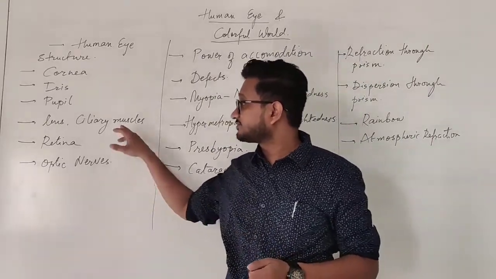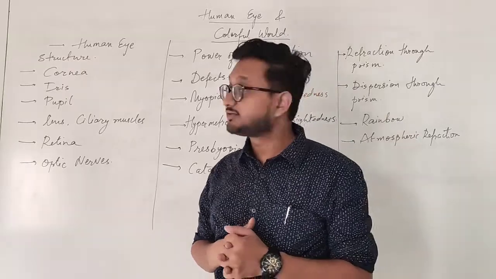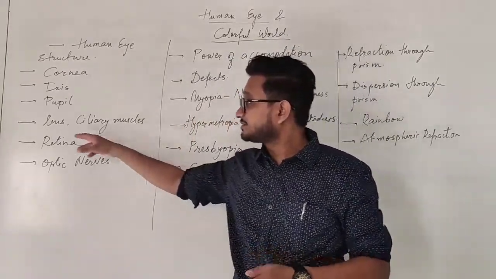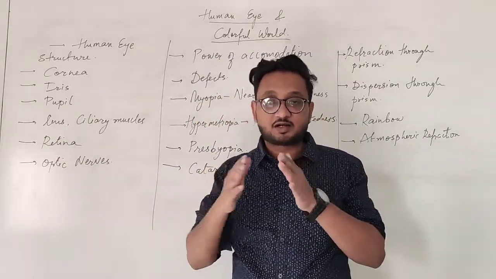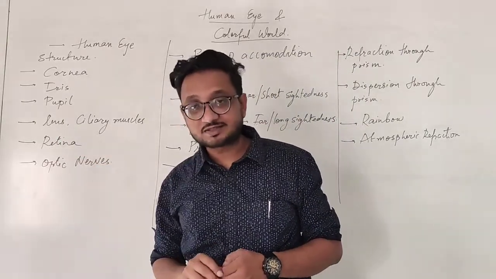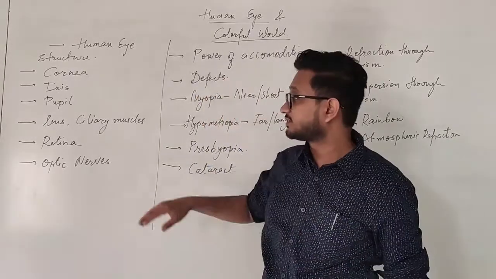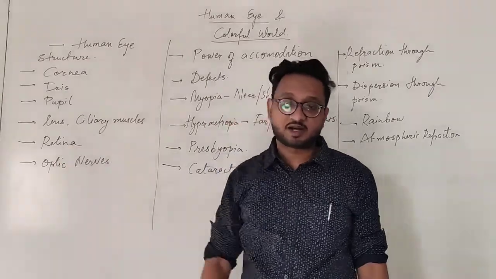Okay, and because of the ciliary muscles only, the size of the lens is controlled. We will be coming on to that point. Okay, and then the light after passing through the lens refracts on one point because it is a natural convex lens, and that is why it is going to converge the light, and the convergence of the light is happening at one focus point on the retina.